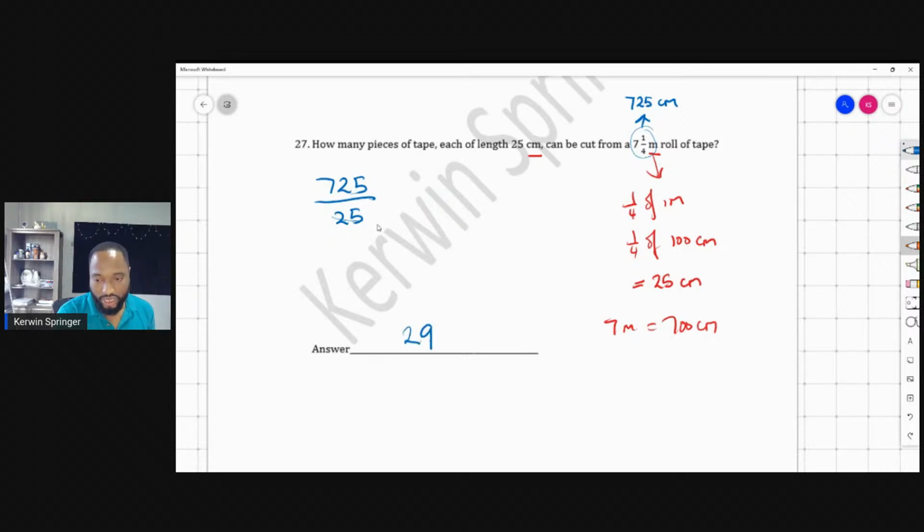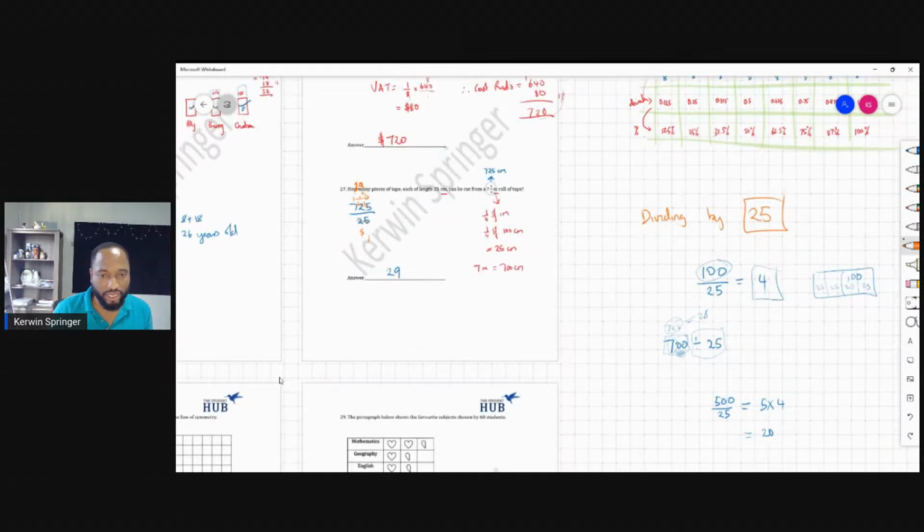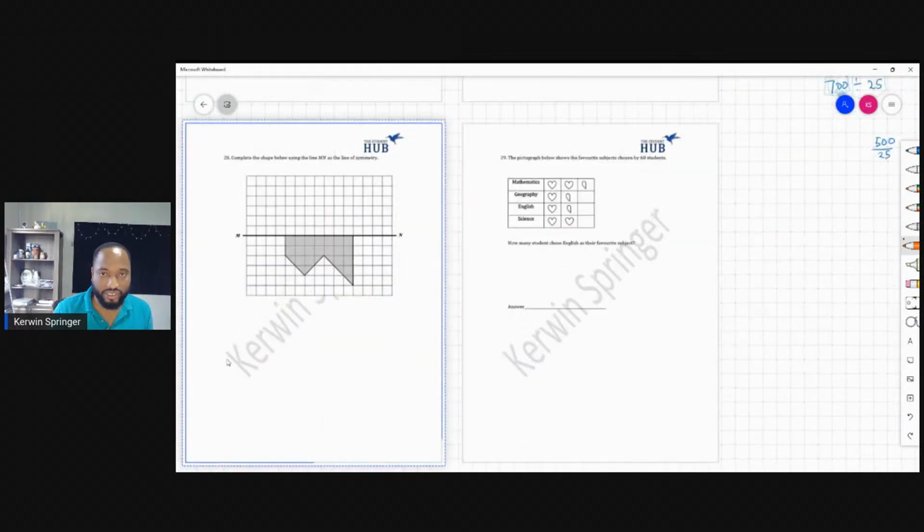Of course, you could always do long division and you would end up with 29 here. Yeah, you can break it down as well. But it helps to be able to see how to divide by 25 quickly. You can visualize answers faster.